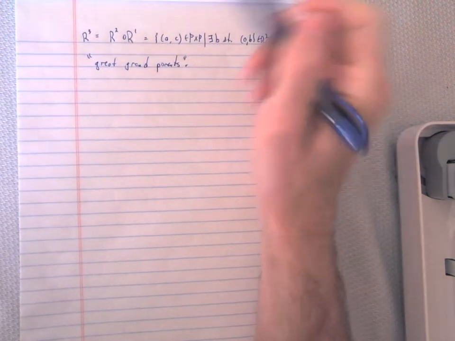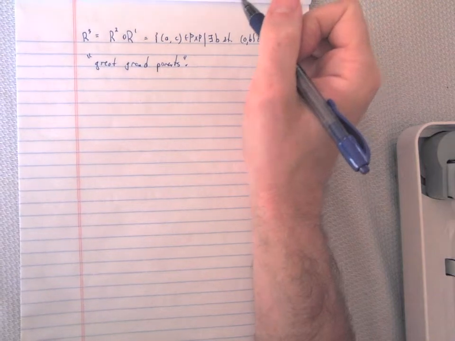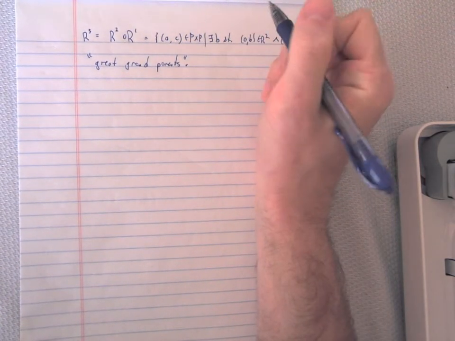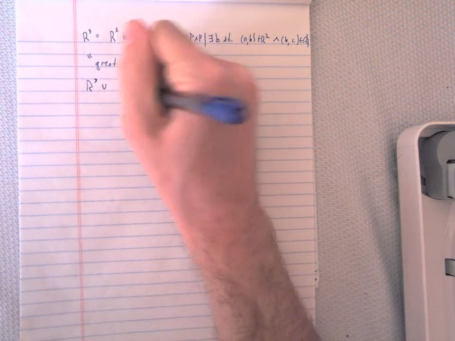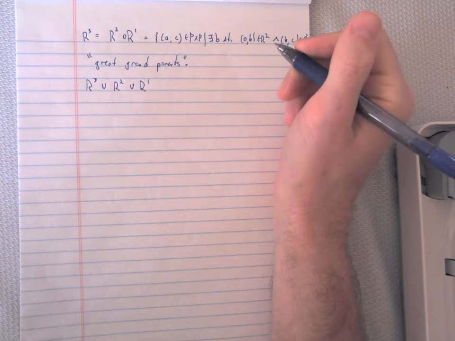Okay. And of course, since these are all relations on the same pair of sets, namely R^3, R^2, and R^1 are all subsets of P cross P, we can do unions, right? R^3 union R^2 union R^1.